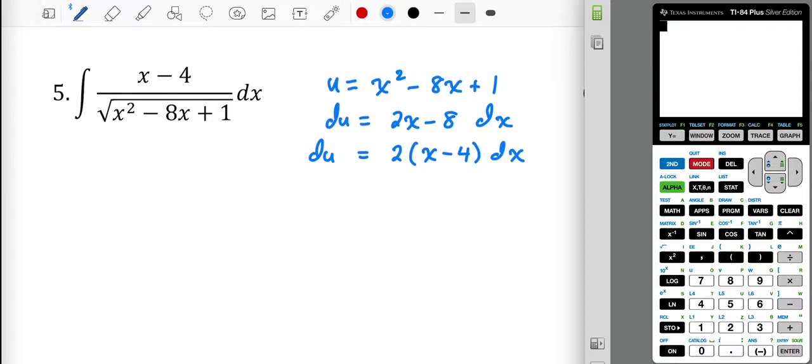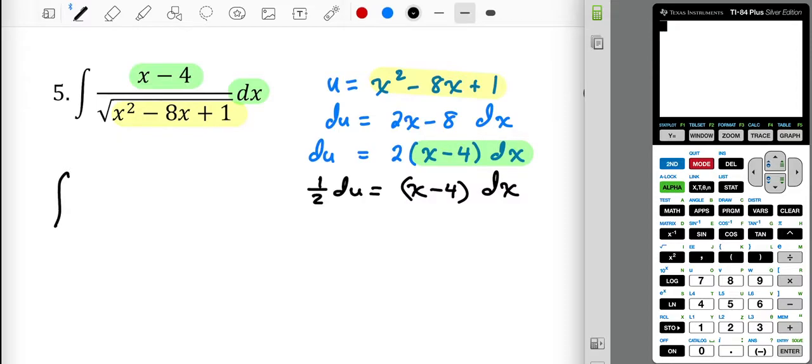And you see here, aside from this replacing the u, we would have this replacing the x minus 4 dx as long as that 2 goes away. So let's make that 2 go away. So 1/2 du would be equal to x minus 4 dx.